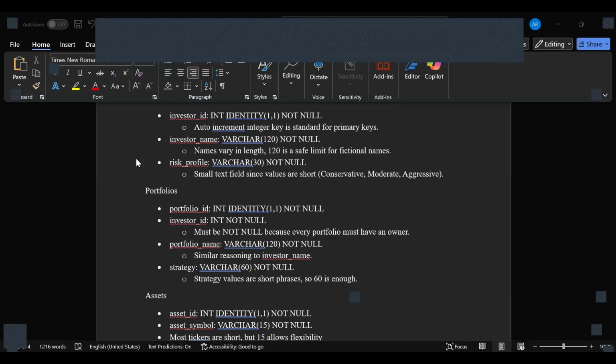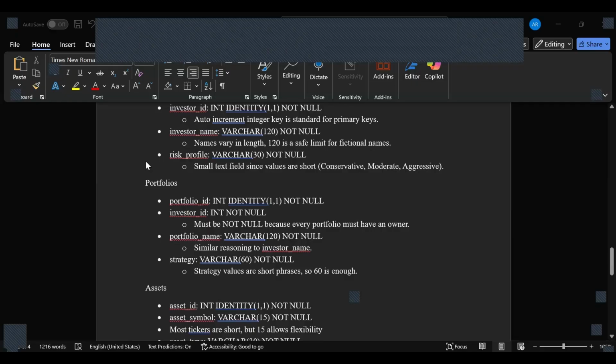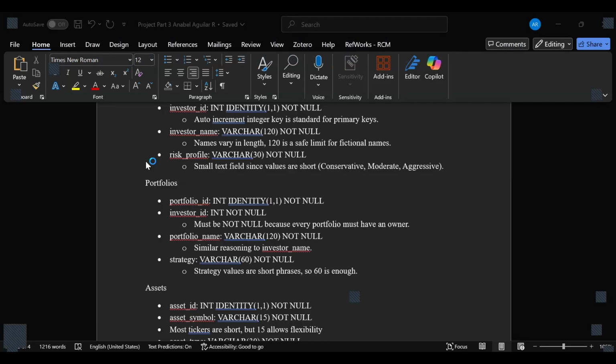We selected varchar, not null, since the names can vary in length, so 120 was a good limit for any fictional names that we wanted. Then for risk profile, we selected varchar since it's a small text, and we only have three different options: conservative, moderate, and aggressive.